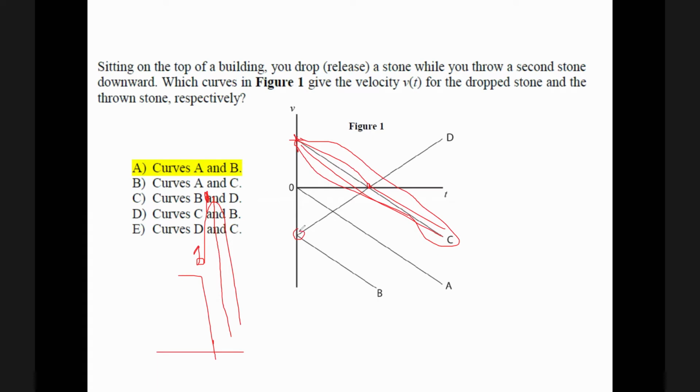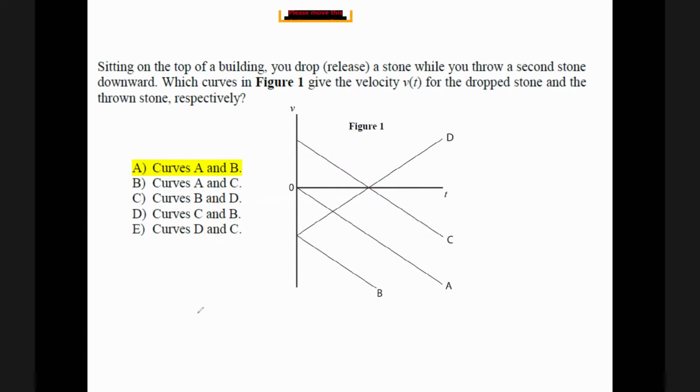What is stone D? Stone D is that someone from the building starts a particle with negative velocity. What do you mean? How can I have negative velocity and then it will become 0 and then it will become positive?